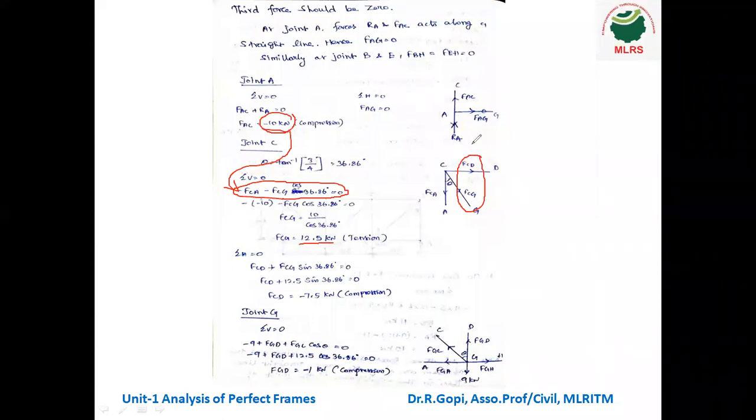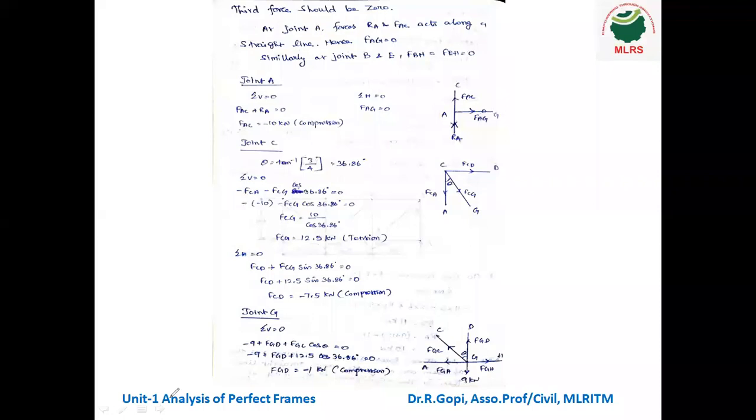Depending upon the direction and angle, the sine theta cos theta value will vary. I have to resolve this FCG horizontally, so horizontal means FCG into sine theta, and that theta is 36.86 degrees. Therefore FCD equal to minus 7.5 kilonewton. What does the minus sign indicate? Minus sign indicates compression.